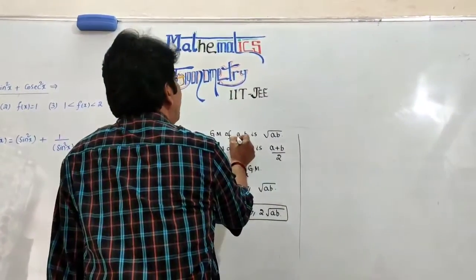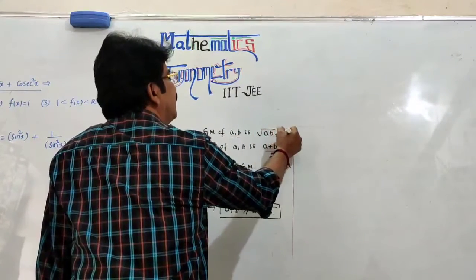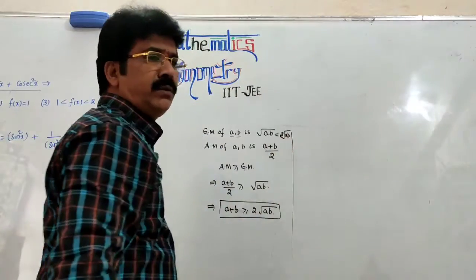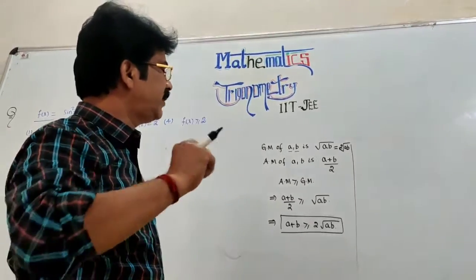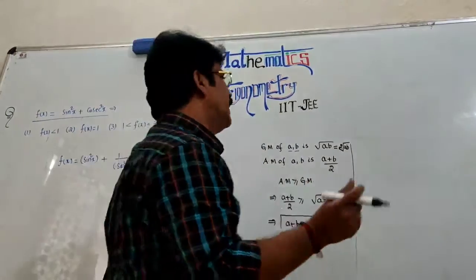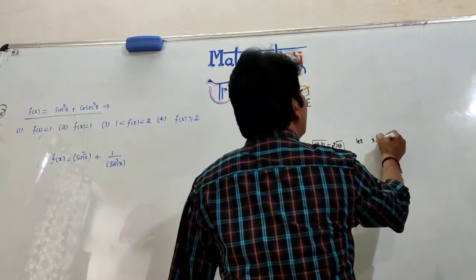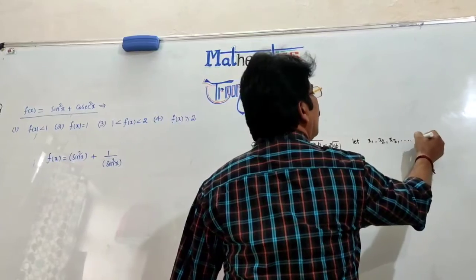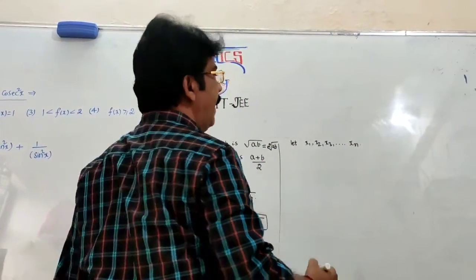Actually, the geometric mean of two numbers can be written as square root of a into b. Okay, I will explain for n numbers. For example, let x1 comma x2 comma x3 comma and so on. This is a very important formula or concept.